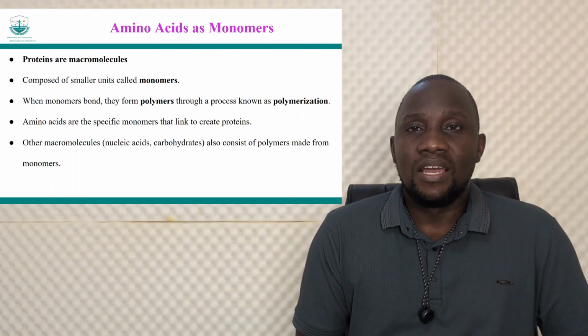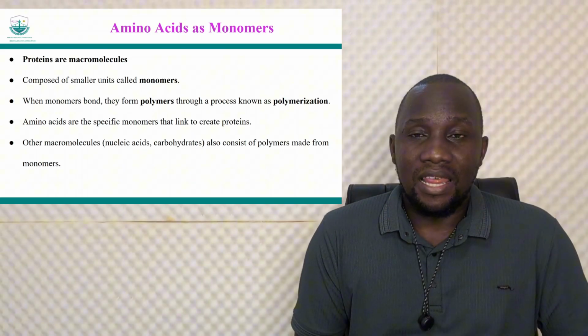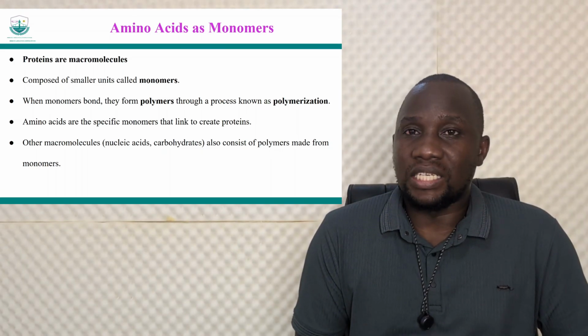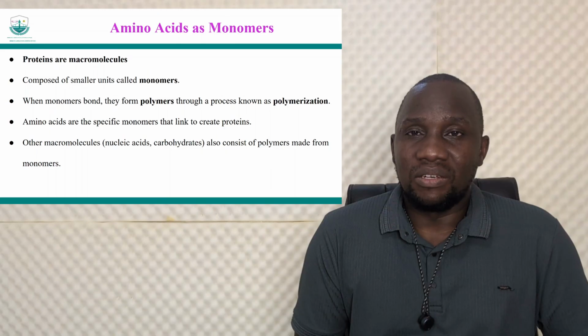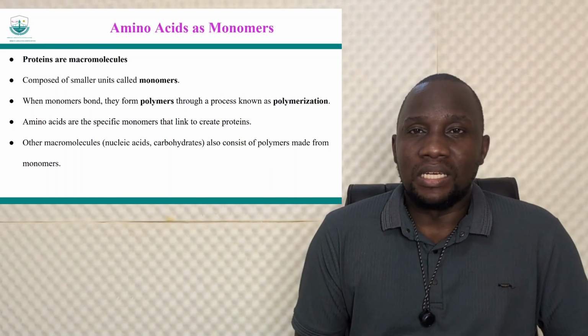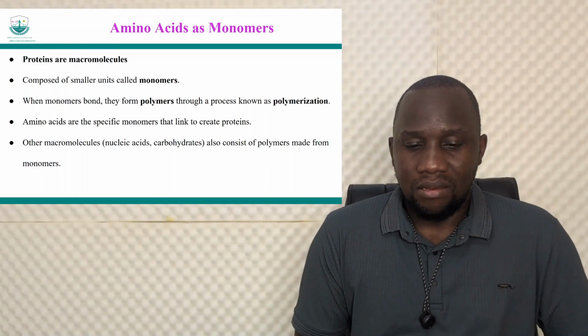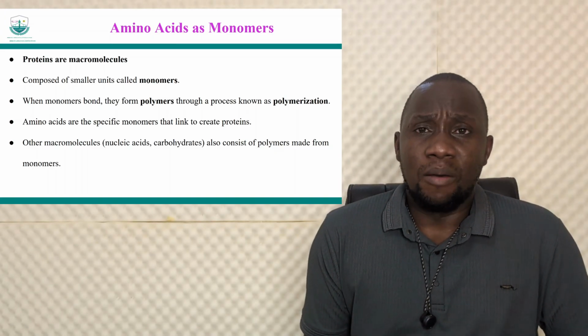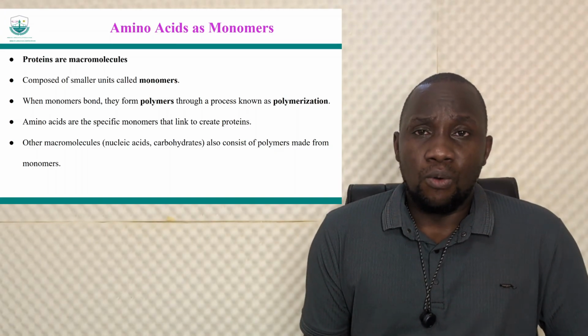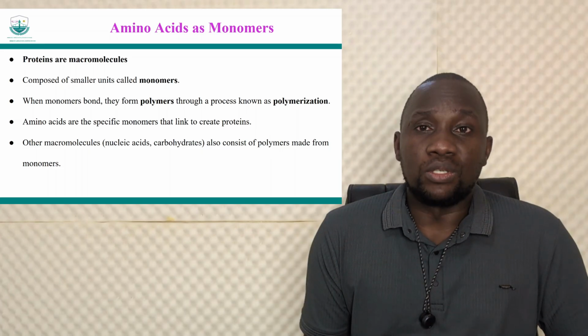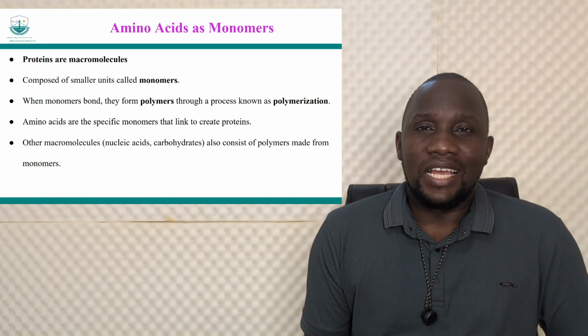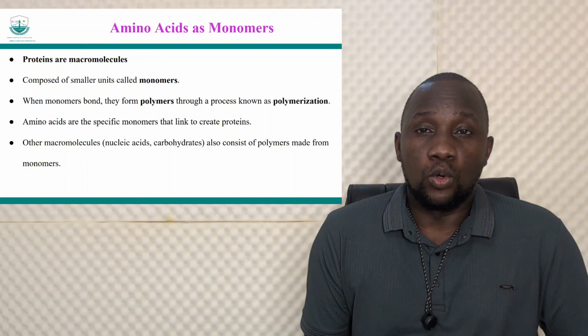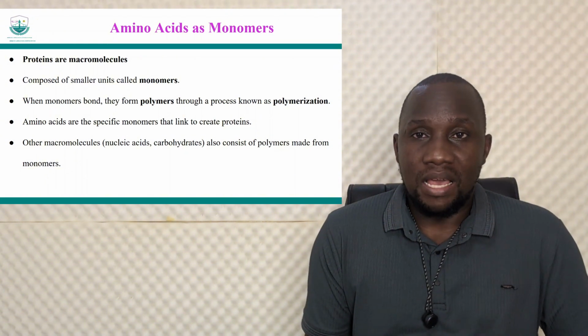So that means that proteins are like other organic compounds that we looked at. Carbohydrates, they are polymers. Lipids, again, polymers. Nucleic acids, these are also polymers. But we need to note that nucleic acids are actually macromolecules, bigger molecules.